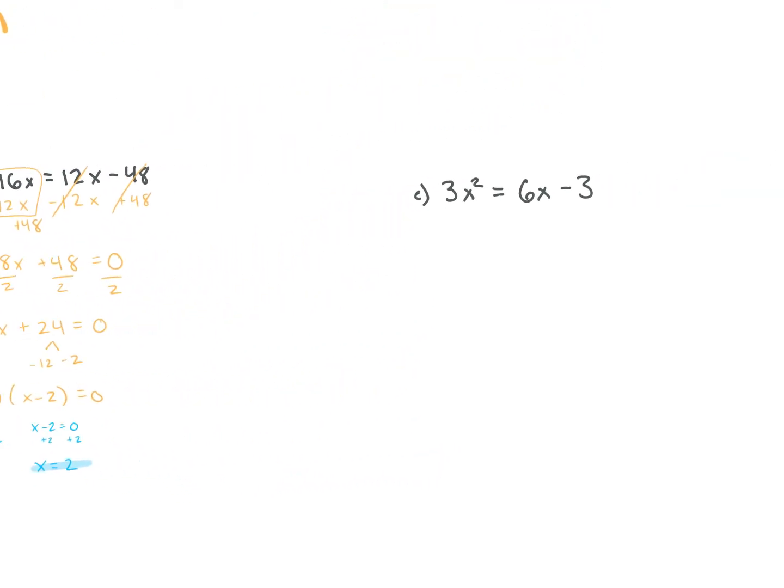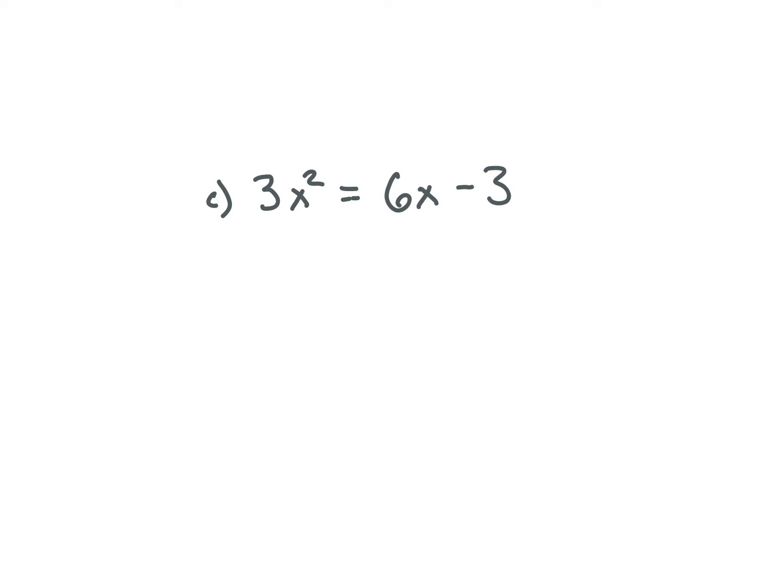All right, let's look at C. So what do I need to do first for C? Am I going to solve or factor? Factor. So what do I need to have if I want to factor?